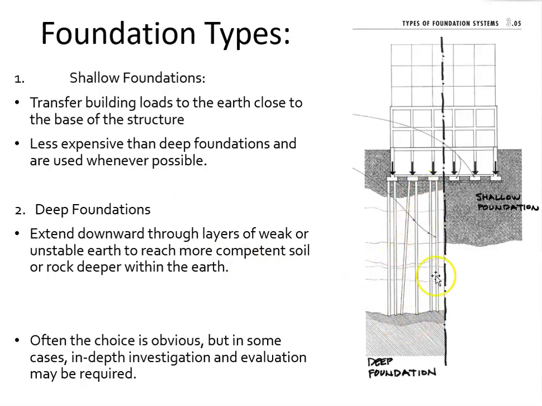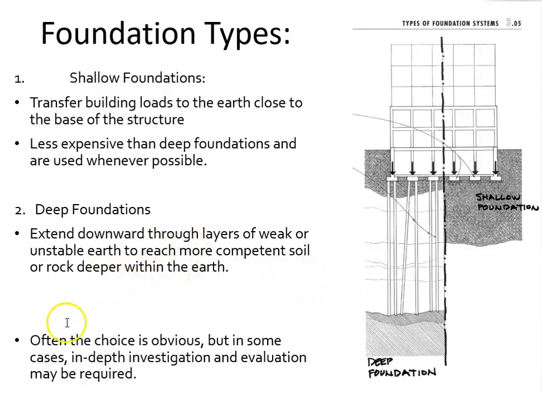Deep foundations extend down through weak or unstable earth to reach more competent soil. So this is not an issue of frost. This is an issue of finding proper footing down there. With inadequate soil, having to get down to the bedrock is one way to do it. There are different types of foundations that could address unstable soil in different ways, but given probably the geotechnical study of this area, this is what the engineer thought would be the most cost-effective way to do it, was to dig piles down that deep.